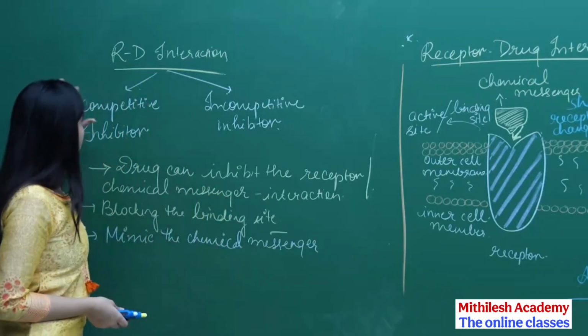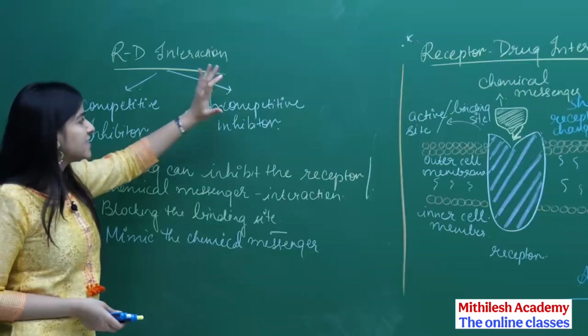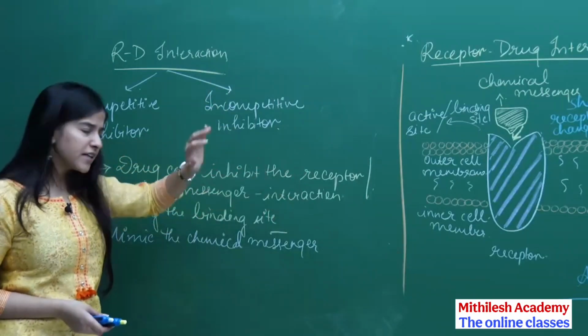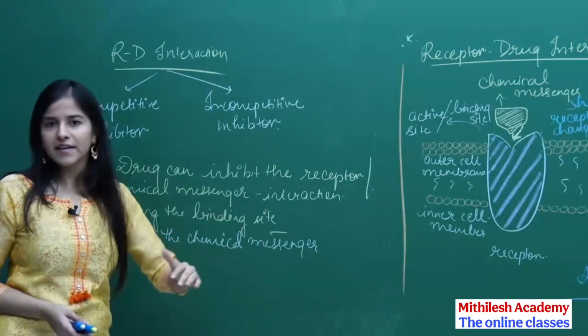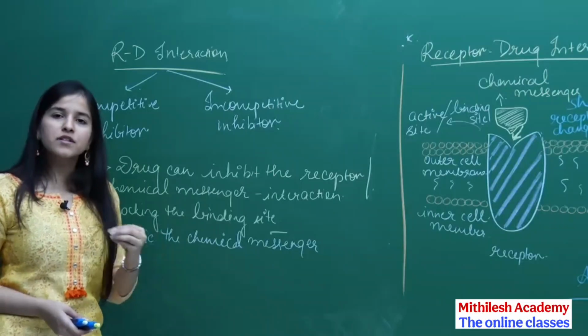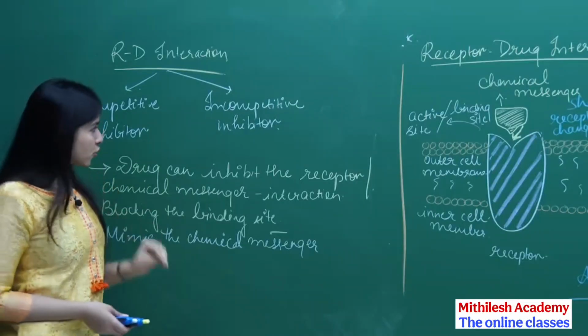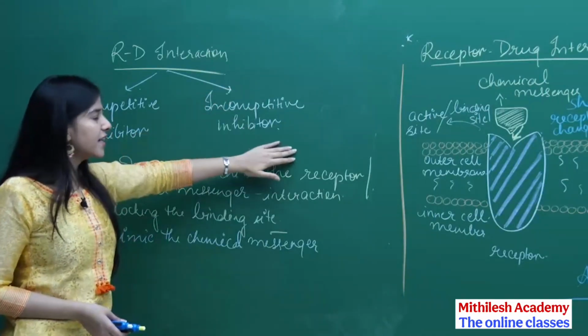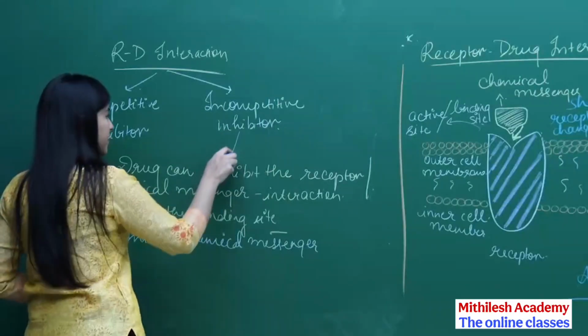So basically, first it would be acting as uncompetitive. Uncompetitive, it is just trying to block their interaction. It is trying to block the binding site somehow. So first is included in the uncompetitive, so that is for the uncompetitive.